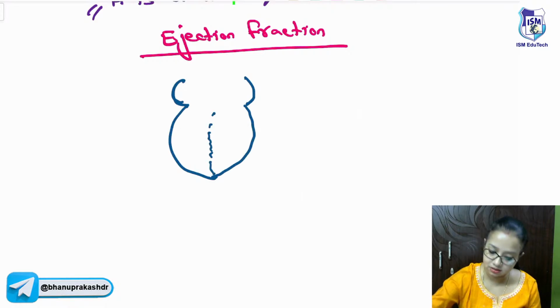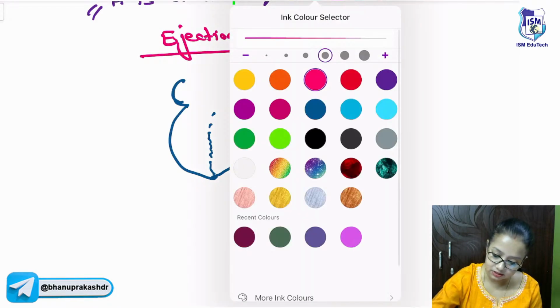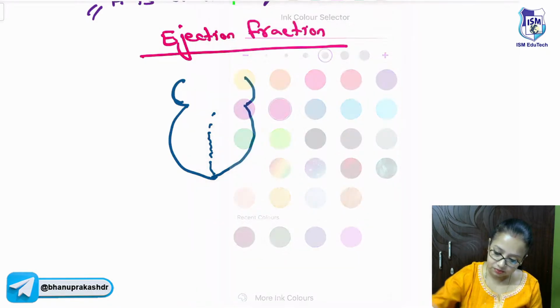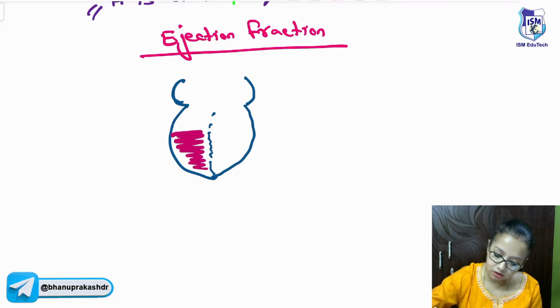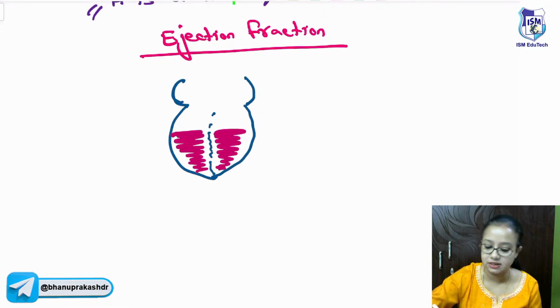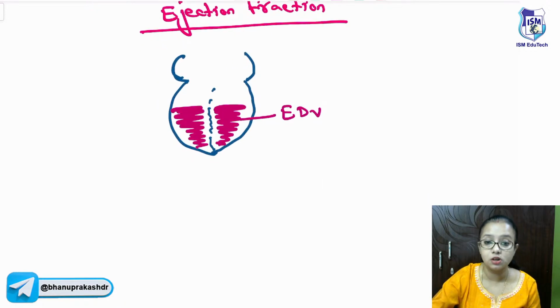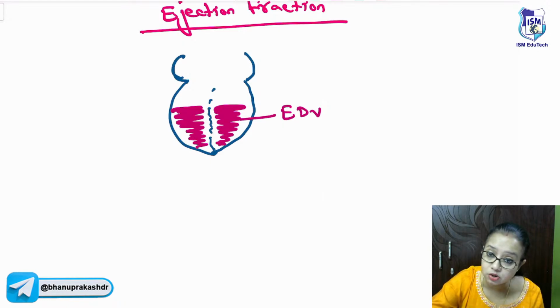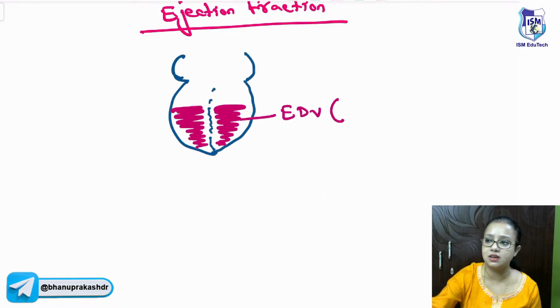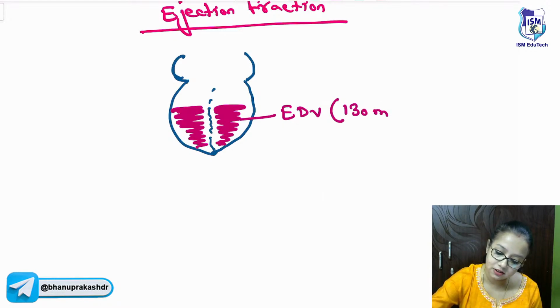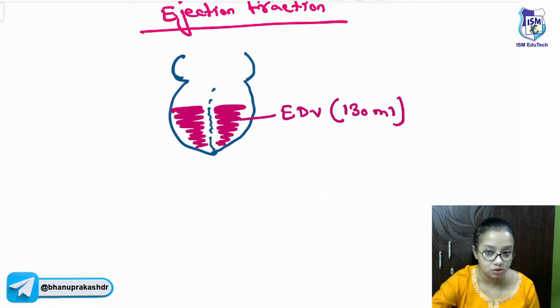Just emphasizing on the ventricle. Now the end diastolic volume, as we studied, is about 130 ml to 150. Say for example, in this person it is 130 ml.